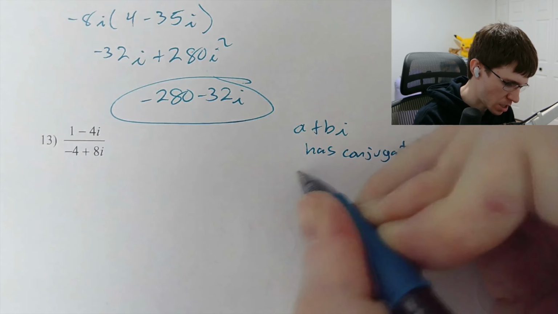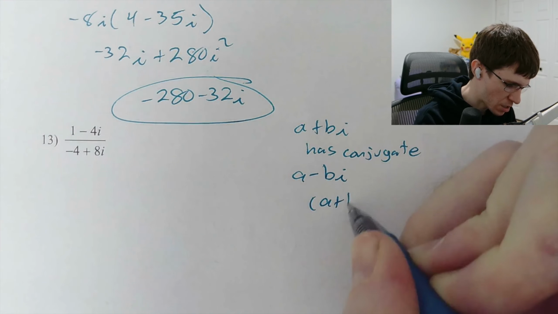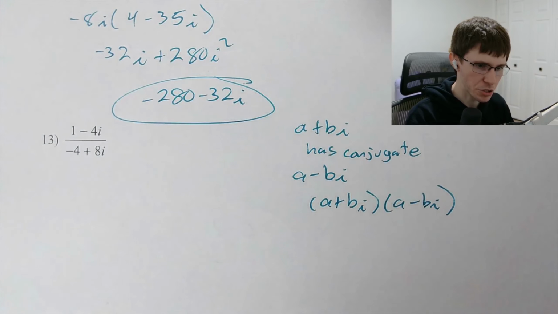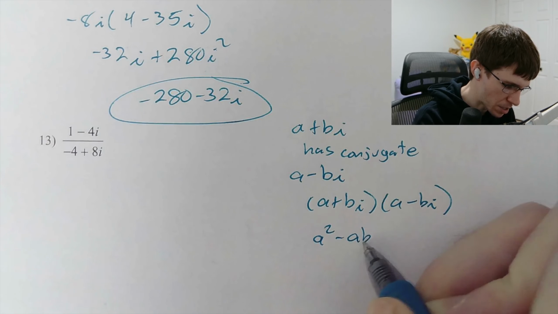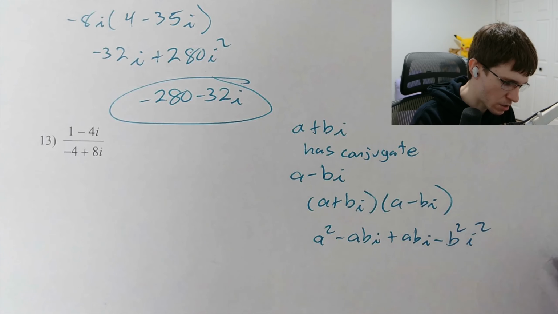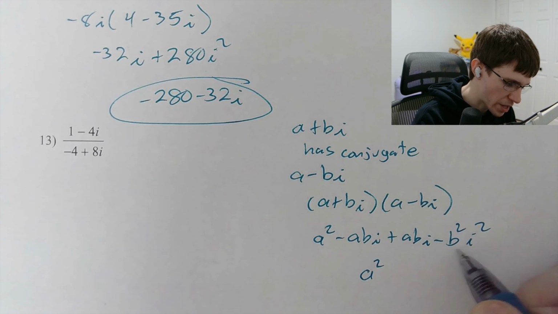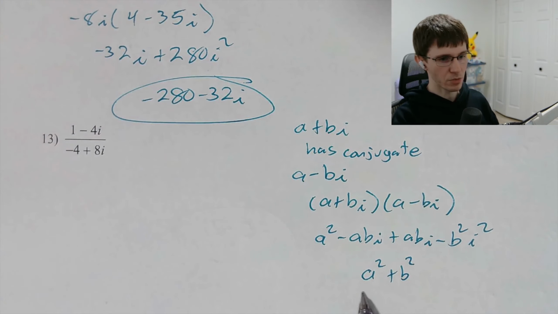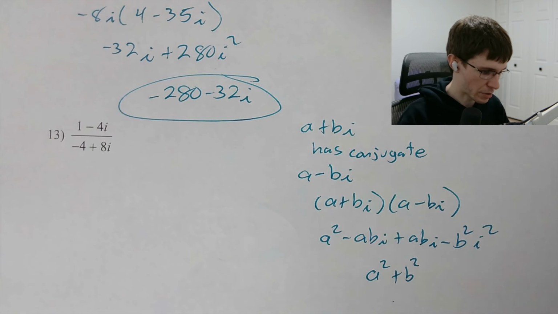The whole idea here is if I multiply a plus bi by a minus bi, and we do our little distributive property here, we'll end up with a squared minus abi plus abi minus b squared i squared. The minus abi and the plus abi cancel, and negative b squared i squared is positive b squared. And that's what you're going to end up with when you multiply these two things together. And that's going to make your i's disappear completely.